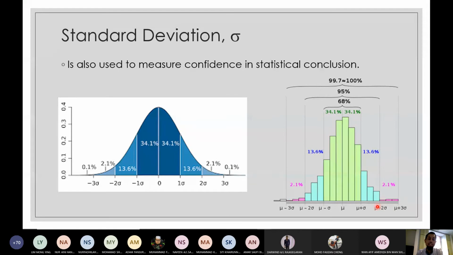Okay, and then standard deviation is also used to measure confidence in statistical conclusion. In a normal distribution, when you do multiple measurements, you should get a distribution something like this. A simple example is when you do an exam for your subject. In general, many of you will get around average marks, let's say B, so B will be the center point here.